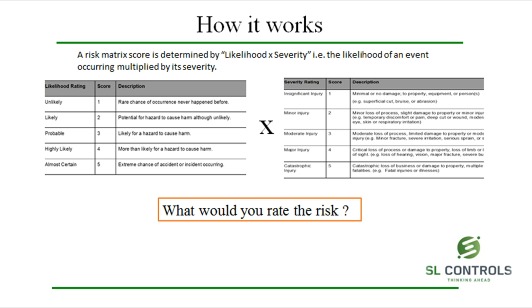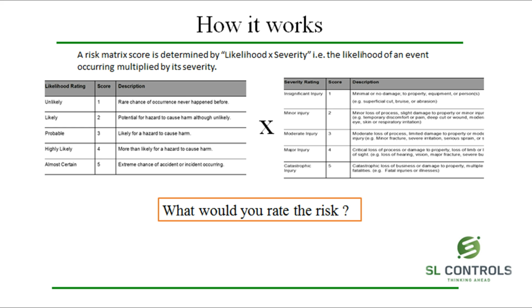A risk matrix score is determined by likelihood by severity, i.e. the likelihood of an event occurring multiplied by its severity. Depending on what the hazard is, it will have one of the likelihood ratings, either unlikely, likely, probable, highly likely, and almost certain. Each of these categories are issued a score from 1 to 5.